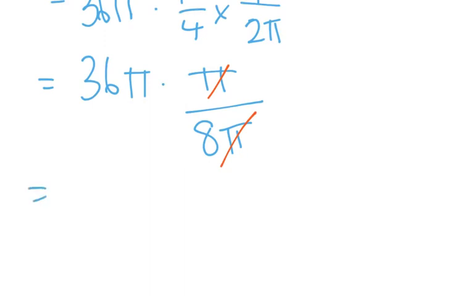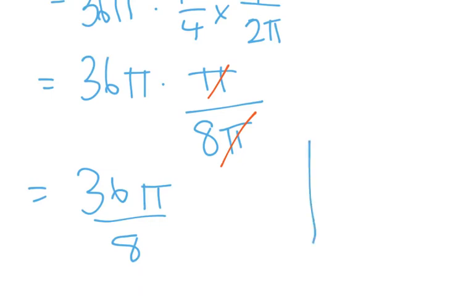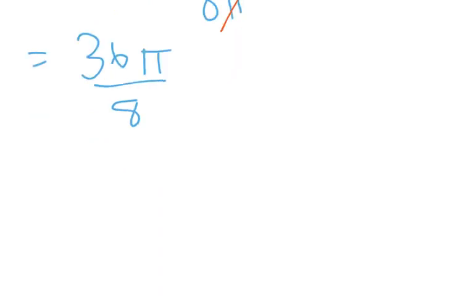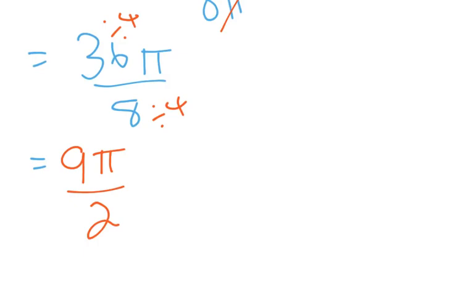So we have 36 pi over 8, and then we can simplify it a little bit. Both of these have a common factor of 4, so we're going to divide 36 by 4 and divide 8 by 4, and that gets us 9 pi by 2. So that's the area of this sector.